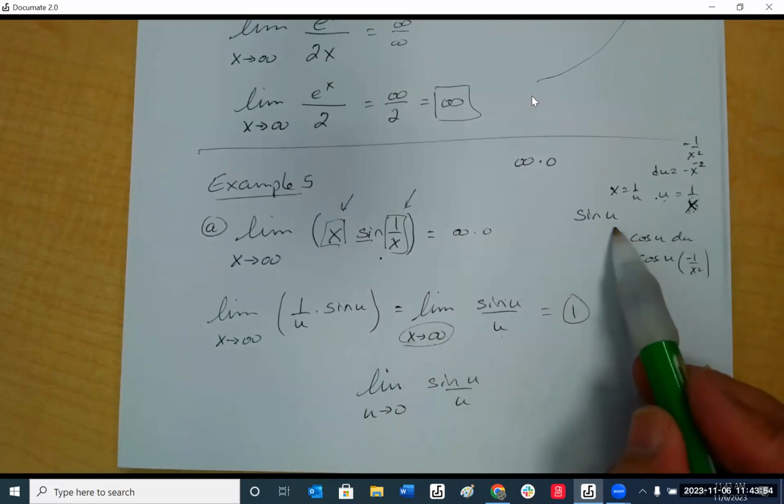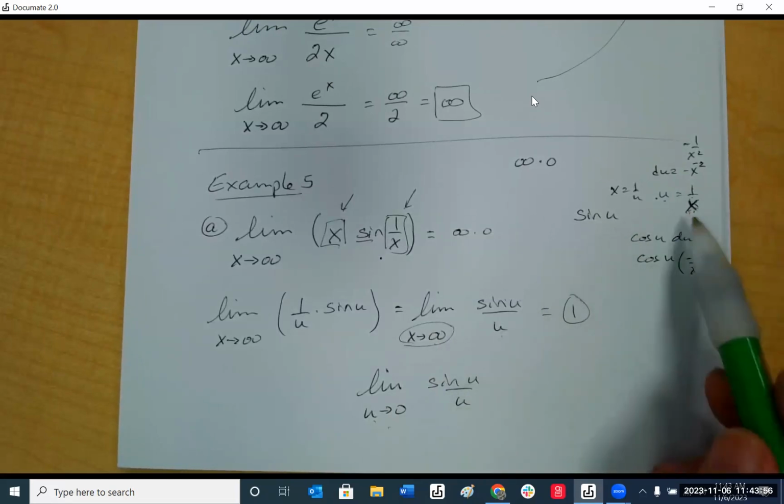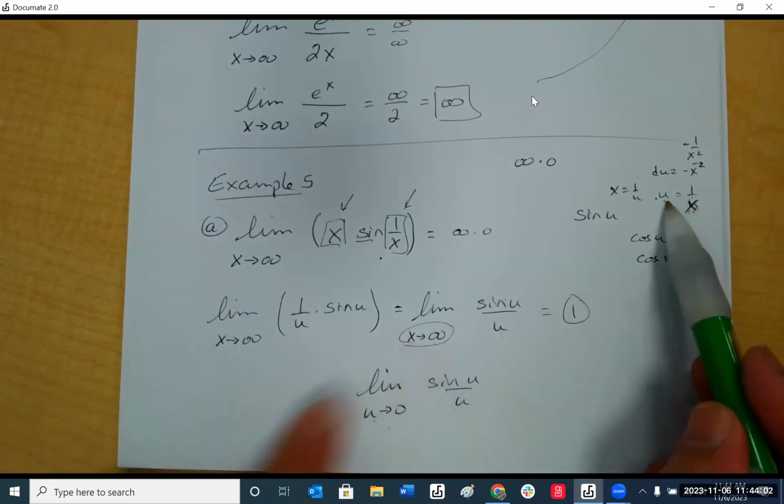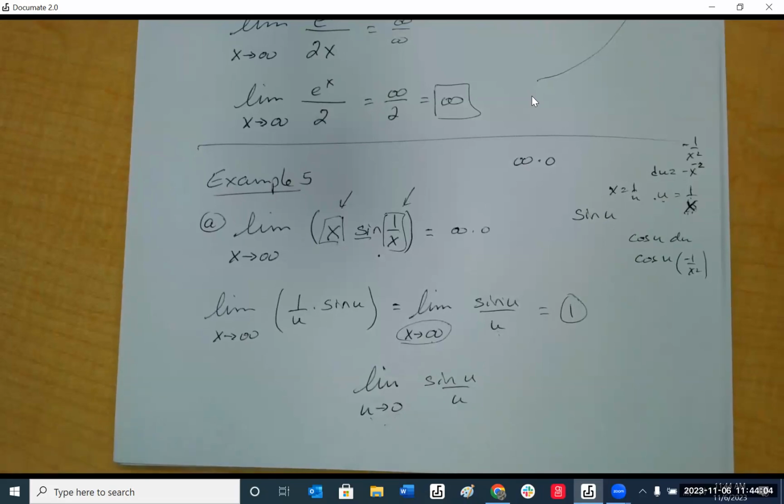I have to now switch everything over to u. So as x was going to infinity, u is going to 0. Okay, I see. That's pretty important. That's probably the best way to do that one, I think. Yes, because once I put that in there, because I hate dealing with fractions in this part, then it just hit me.